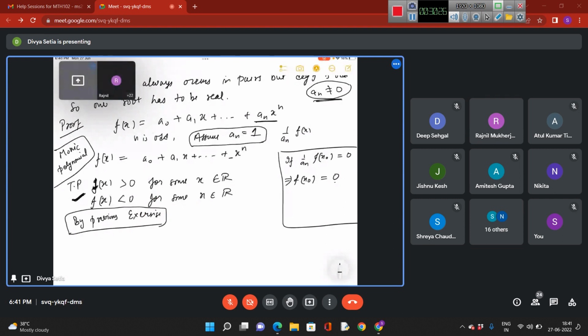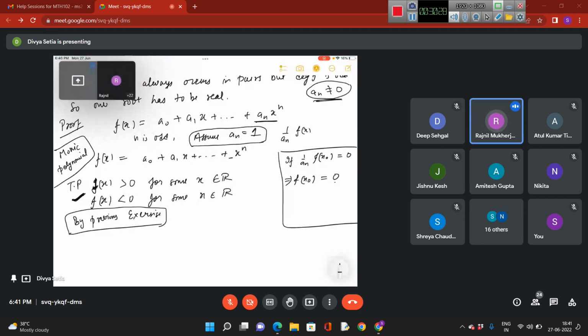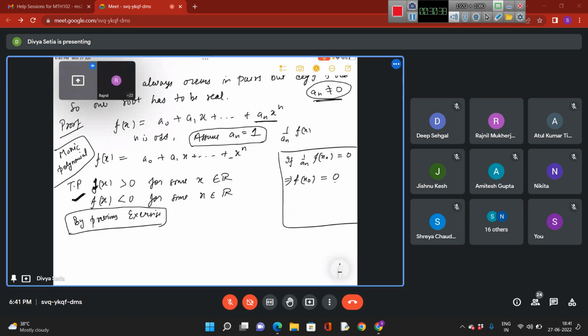Yes, Rajni? You are not audible sometimes. Like when you introduced f of x not equals to 0, after that you were not audible. Okay, so maybe I'll change my connection. The CMI Wi-Fi is not working. Maybe I'll use my mobile hotspot. Just give me 1 second.